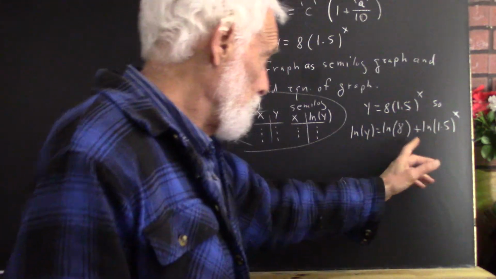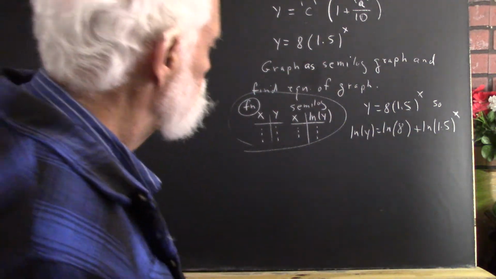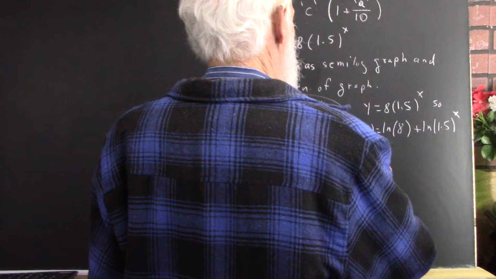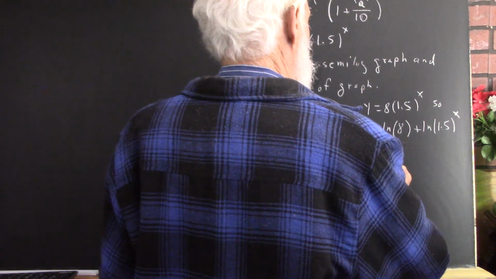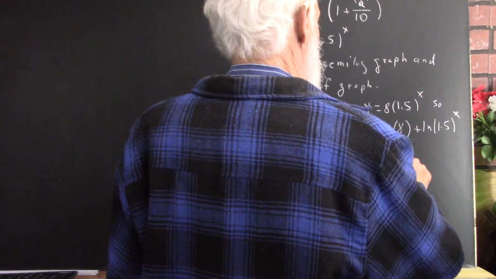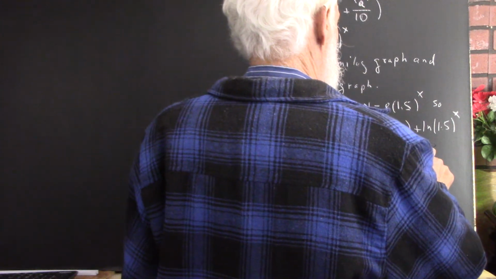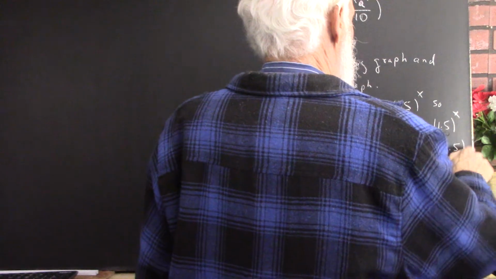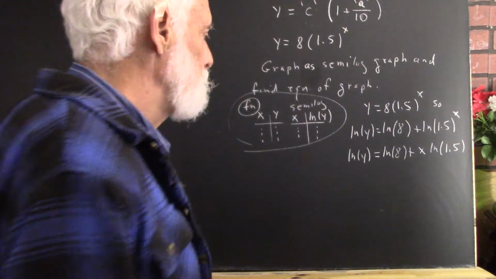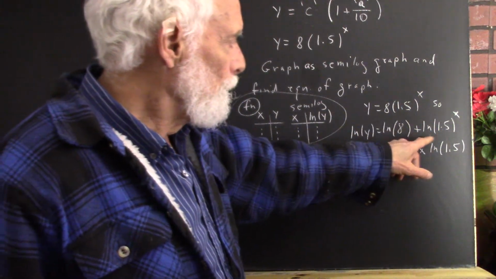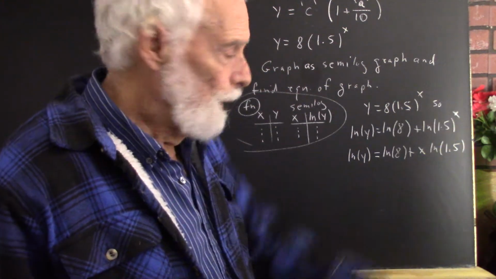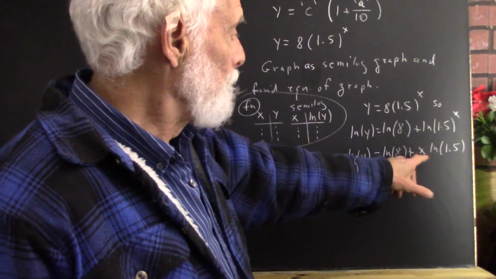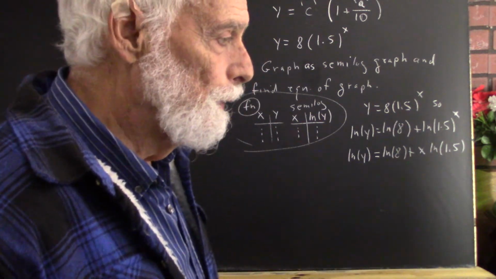And you're fine with those calculations. Well, that equals the natural log of 1.5 to the x. Another law with which you're perfectly familiar is that that's going to be x times the natural log of 1.5.